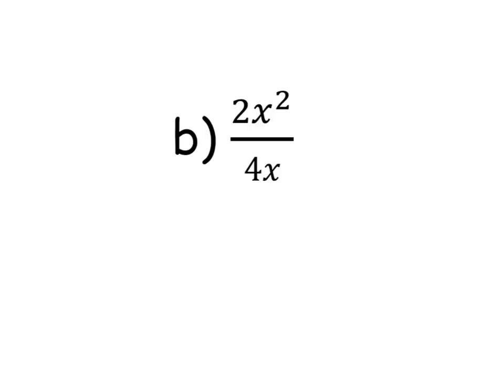All right, let's do B. So write it out. 2xx over 4x. Okay, I can simplify the 2 over 4, so I am going to do that. 2 over 4, 1 over 2. Cross out any x's that you can. Well, I can only cross out 1.